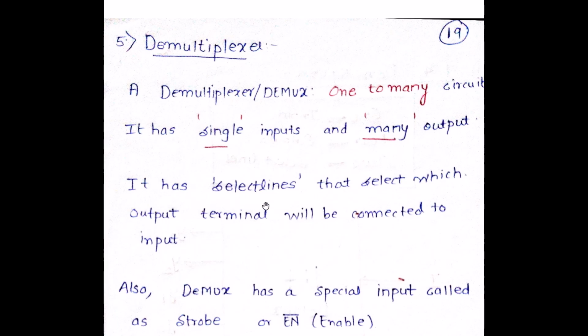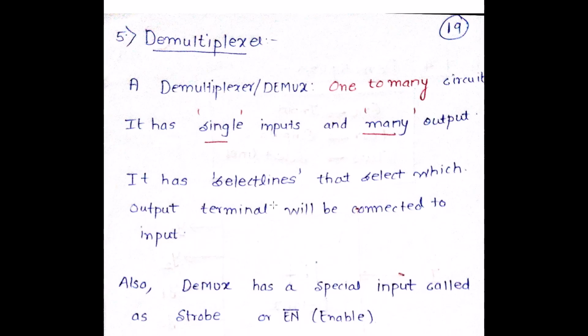It has select lines that select which output terminal will be connected to the input terminal. That is very important. So a demux is a one-to-many circuit in which we have one input and many outputs, and there are select lines which connect the input to a specific output depending on the select lines.